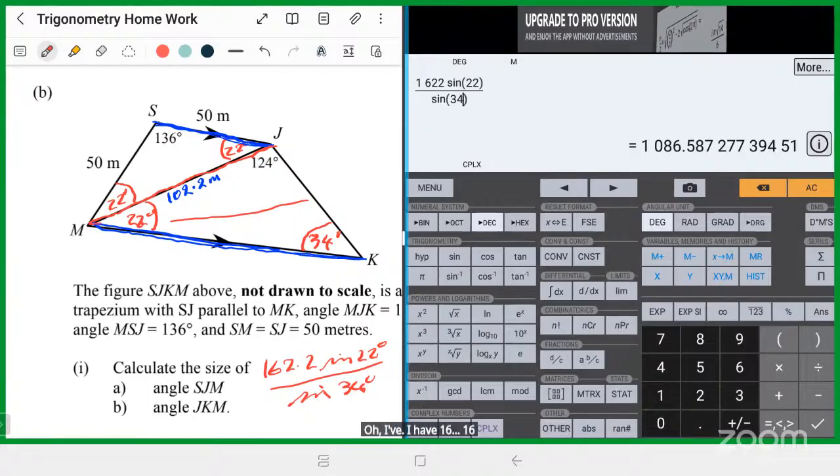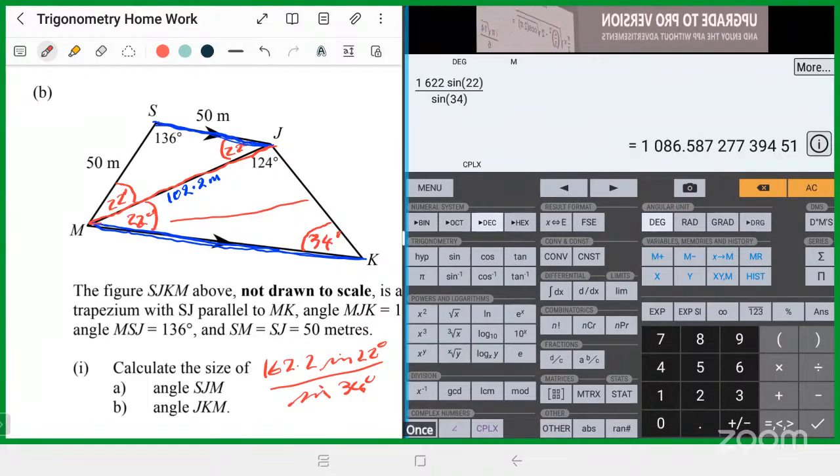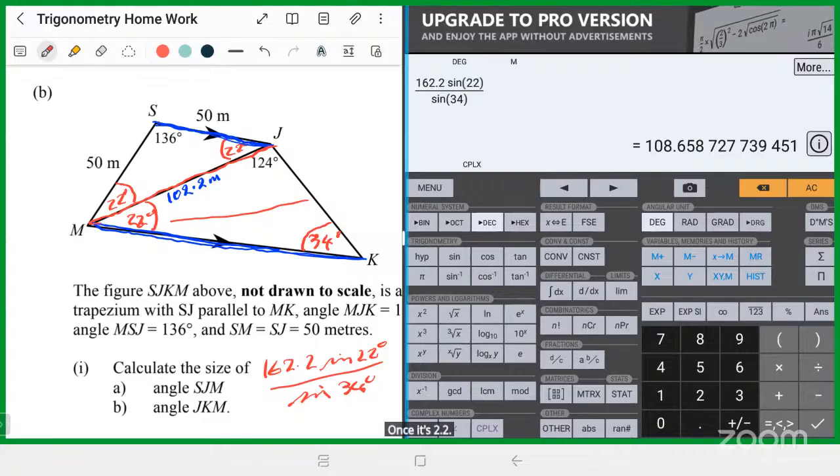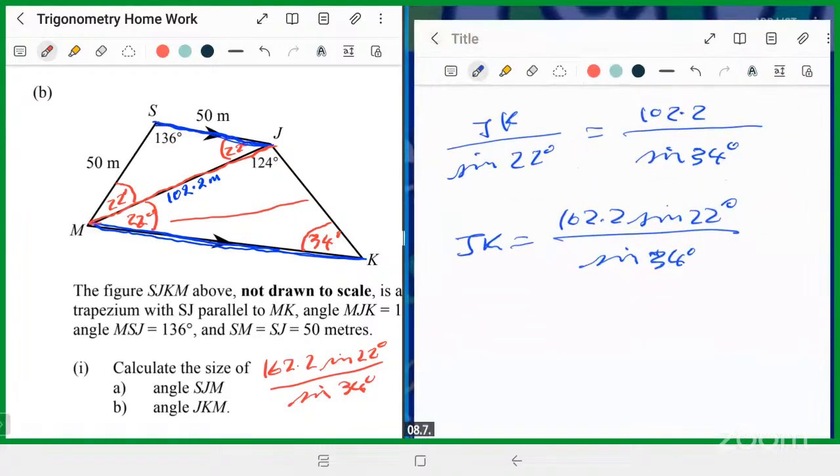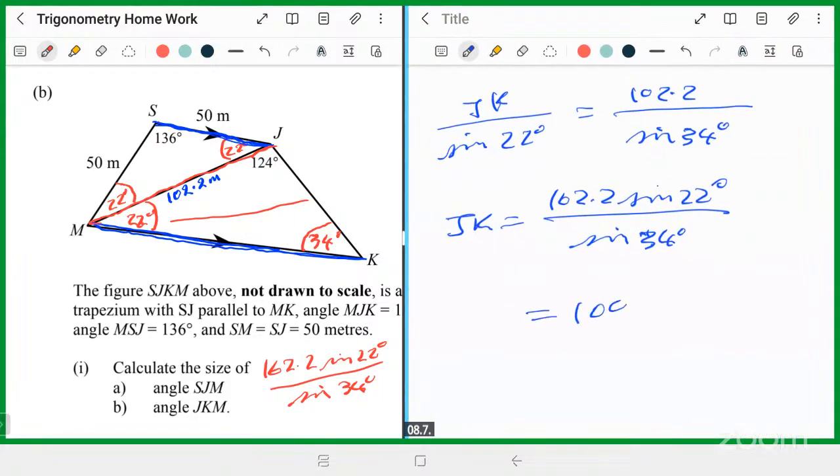Where did I get that from? 102.2. Okay. All right. Good. It says 108.7. It's 108.7. And that is it.